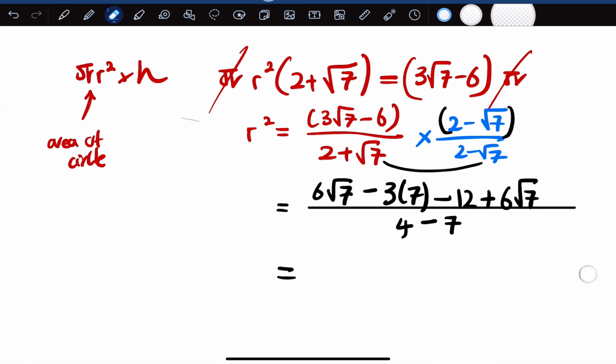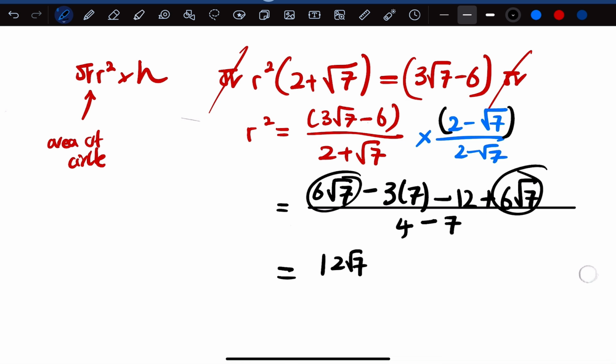Okay, now that I have all of that done, I'm just going to simplify my numerator. My numerator up here just becomes 12 root 7, because 6 and 6, and here I get minus 12 minus 21, which is minus 33, over negative 3.